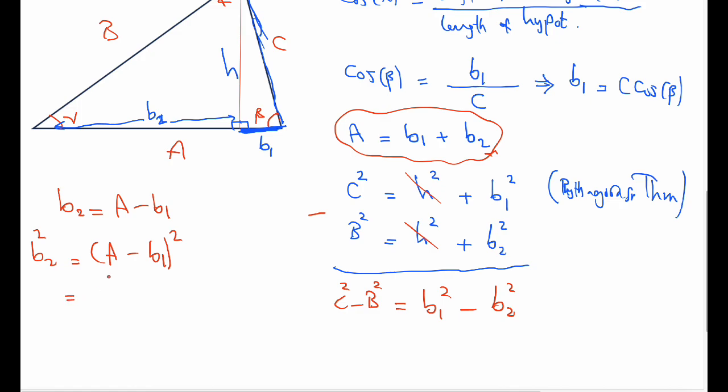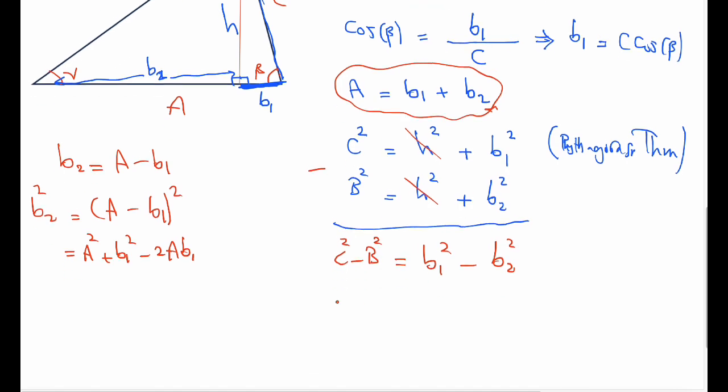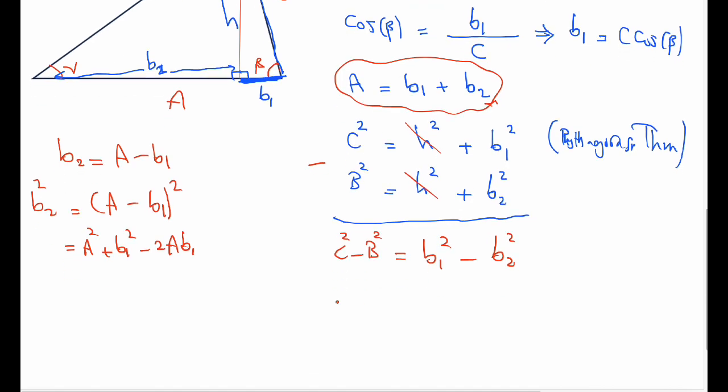If we expand it, this will be a square plus b1 square minus 2 a B1. B1 is written in terms of the parameters of the triangle as c times cosine beta.